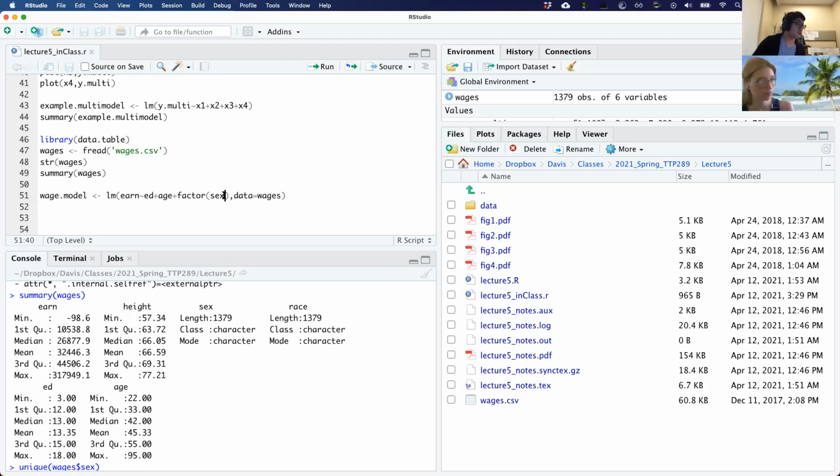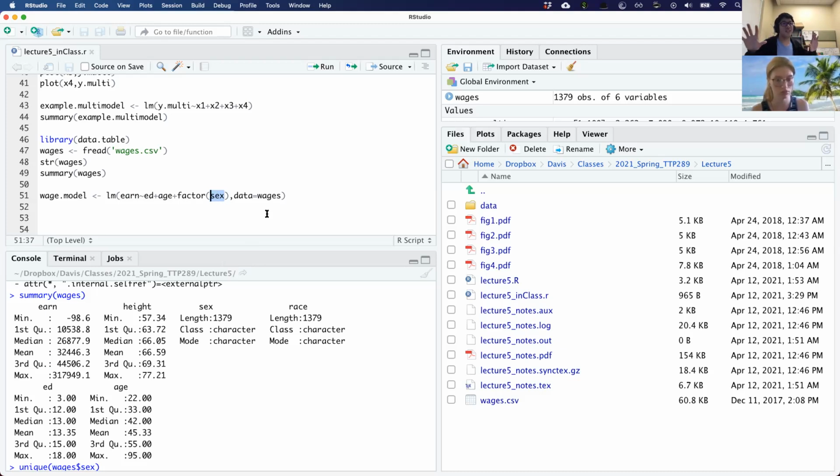However, gender is a categorical variable, and so I'm going to enter it as a factor. Anytime you do it with strings, it'll factor it for you, but I want to make it explicit so that everyone understands what's going on. When you do the factor, remember that it is this data structure that creates these levels.